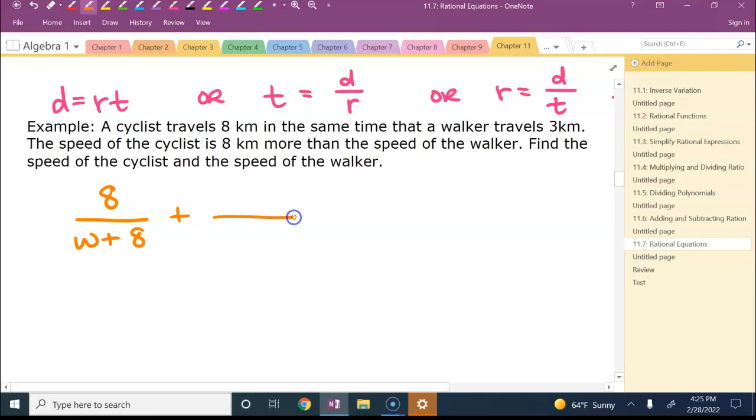Now, for the walker, she or he is going 3 kilometers. And we, again, don't know how fast they're going. So you'd still need to find your common denominator, which would be to have both of these pieces here. So this first fraction is missing just that plain W. So I'm going to take the 8 times the W. And the second fraction is missing that W plus 8.